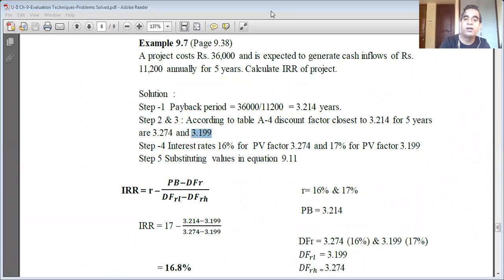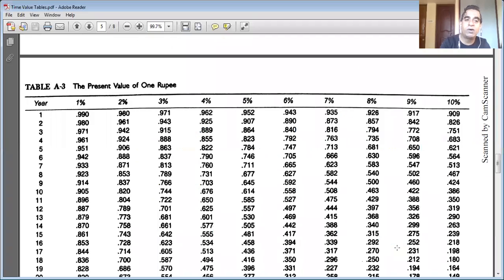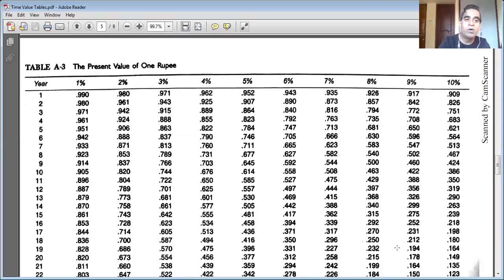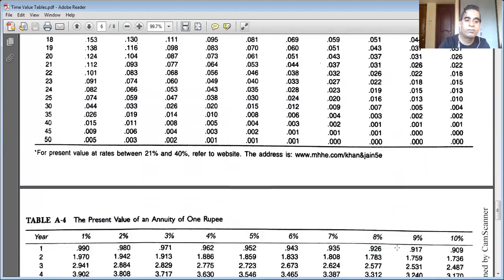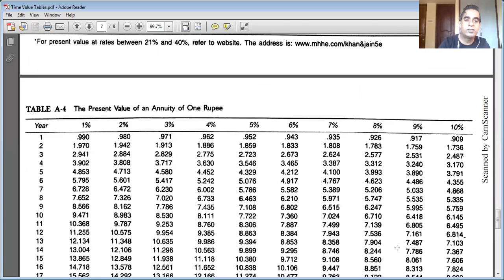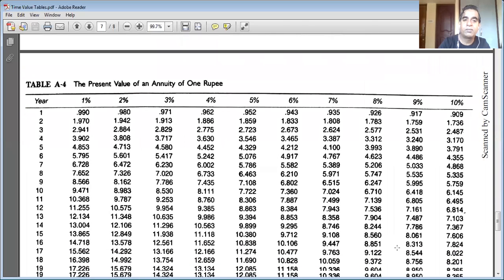You should remember 3.214. I will move on to table A4. So this is table A4, and we have to consider the 5th year row, because the life of the project is 5 years.